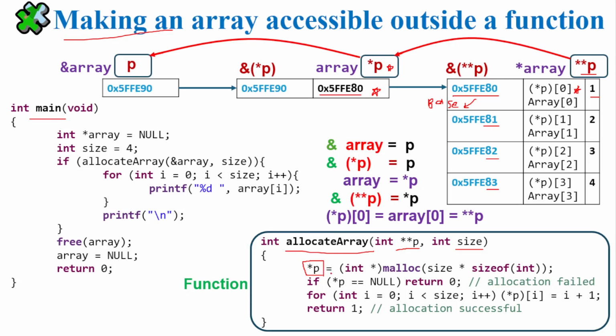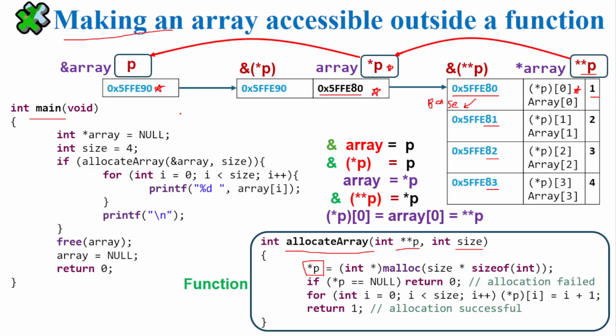This pointer that points to *p is p itself, meaning p holds the address of *p. With this setup, the base address stored in *p is transferred directly to the pointer in main.